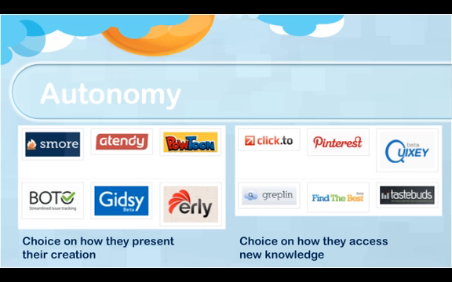Powtoon is a really great new presentation tool that's been developed, and it has a lot of great visuals to be used for presentations. You could also give them choice on how they access new knowledge. Give them an activity, but don't dictate how you want them to access the information and get where you want them to get the information for it, what kind of format you want the information to be in. Give them some control, some choice, and be flexible.